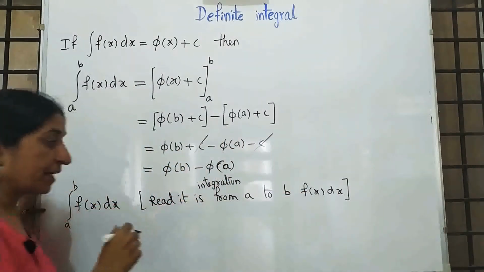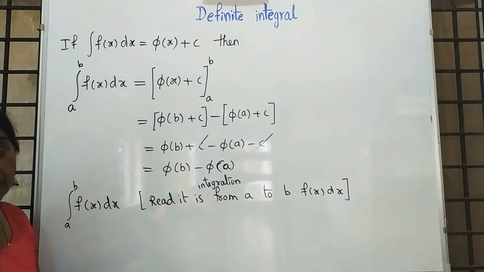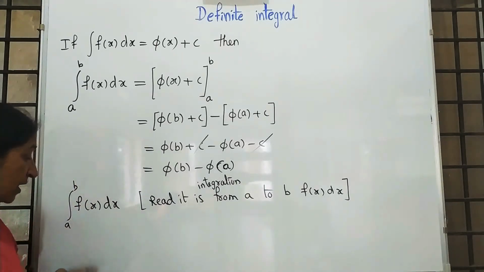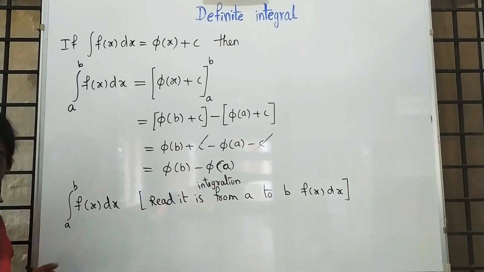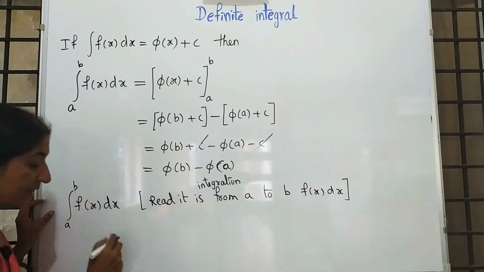This we are reading. And what we understood? We understood that there is no need to write the integral constant. And one more thing, here a is called the lower limit, b is called the upper limit. The lower limit is smaller than the upper limit.